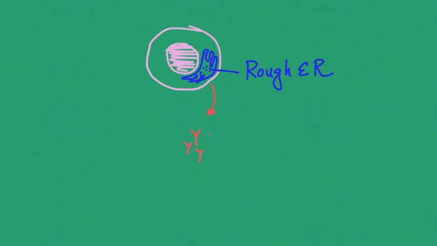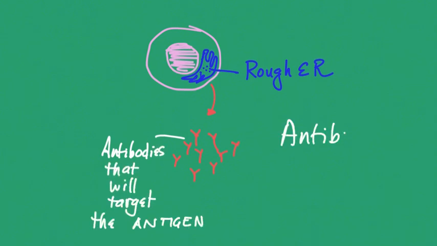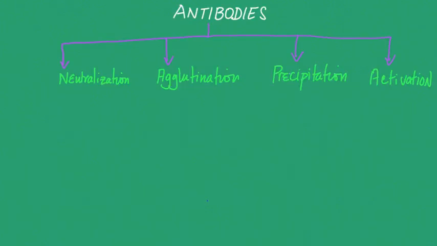The Y-shaped red structures that you see here are the antibodies, and they have the ability to target the antigen so that they may be marked for destruction by other white blood cells. Antibodies do not directly destroy the pathogen. They do it indirectly by targeting the pathogen in a variety of ways. So let's look at them one at a time.